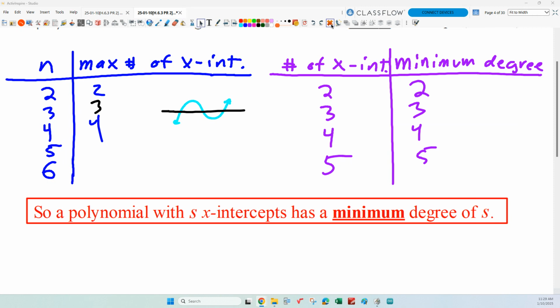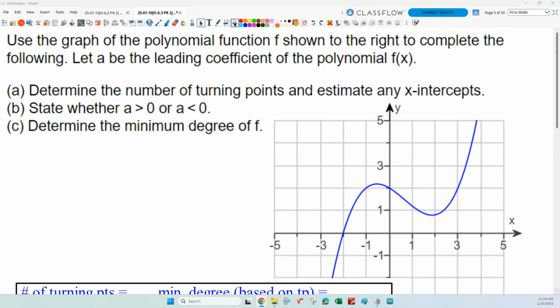Okay? So now this is where it gets to be a little more fun. Now we get to try to determine what the minimum degree of some of these polynomials are. Okay? So what are the things we know here? Well, first of all, this isn't really related to that last question, but when we sketch polynomials, it's going to be important. Tell me real quick, is the leading coefficient positive or negative here?